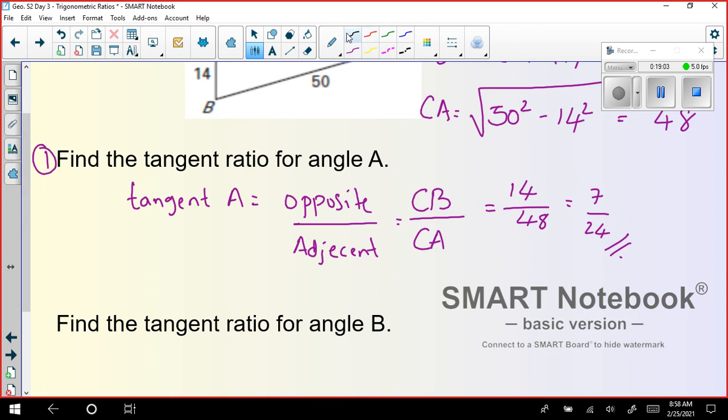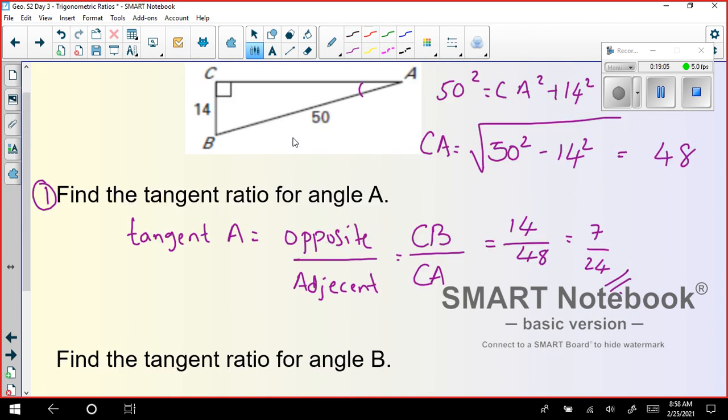Okay, the tangent ratio of angle B. Use your chat. Once you have the answer, I'll give you 30 seconds. For tan B, once again it's going to be opposite over adjacent. I'm writing opposite as OPP and adjacent as ADJ. For B, the opposite side is this one.